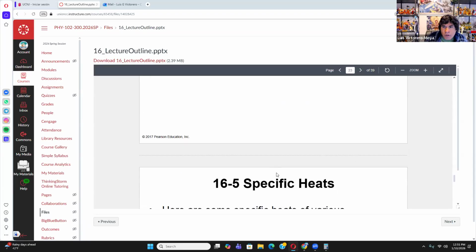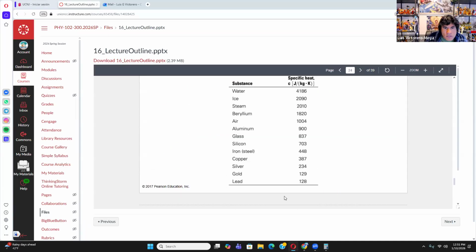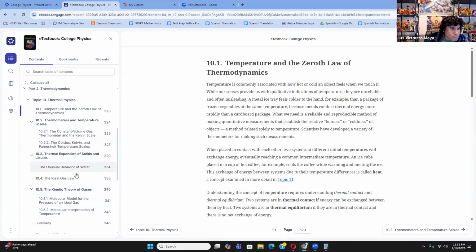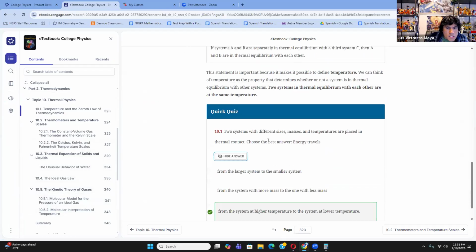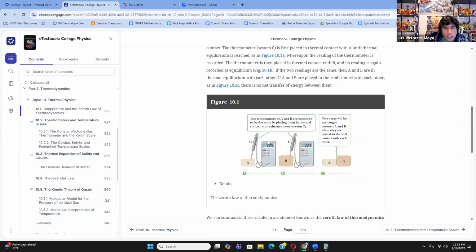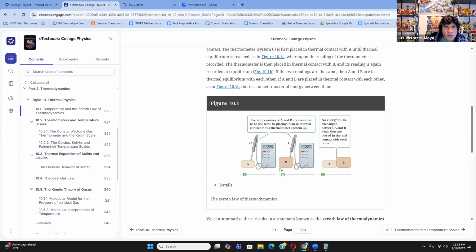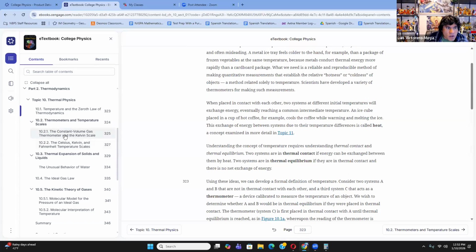So these are some of the equations that we're going to be using in problems, and this is a table you can use as a reference. Let me just show you what you have in the book. So in the book you have the same: the zeroth law of thermodynamics, and a few definitions which are the same as I've been going over.